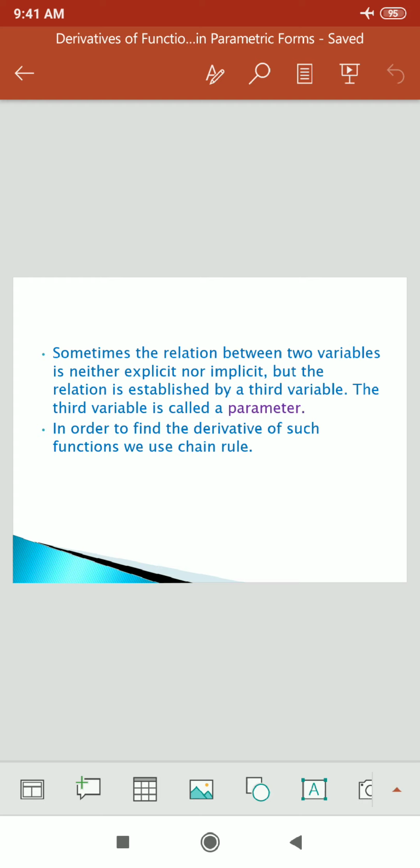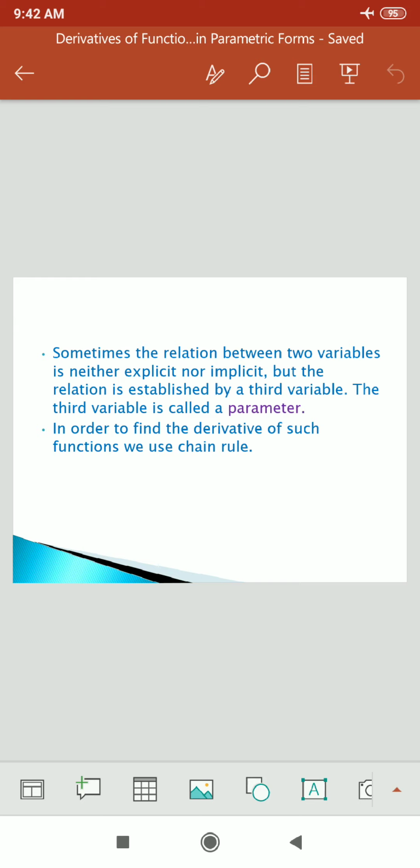Like till now, firstly we have the explicit functions, where y can be easily expressed in terms of x. Y can be easily written in terms of x. And then after that we have implicit functions where it is not easy to separate x and y.